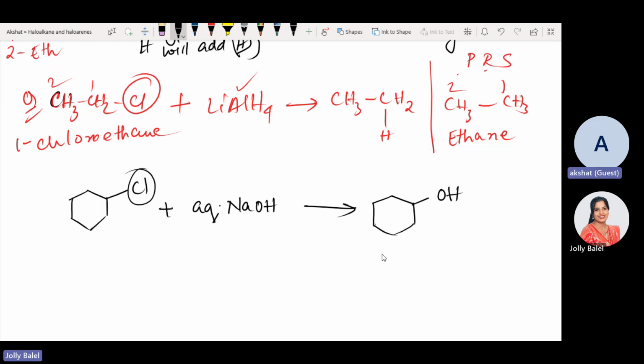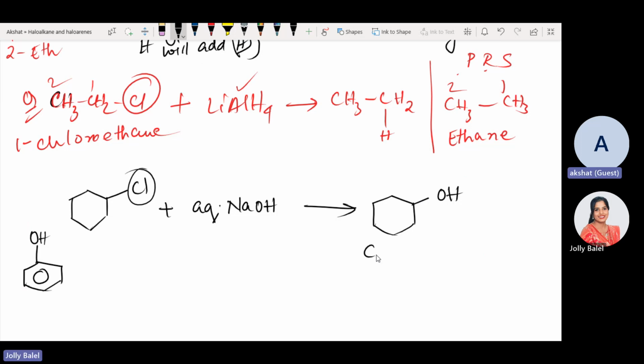Okay. So what would be the name of this compound? Phenol. No. Phenol is when OH is attached to benzene. That is phenol.